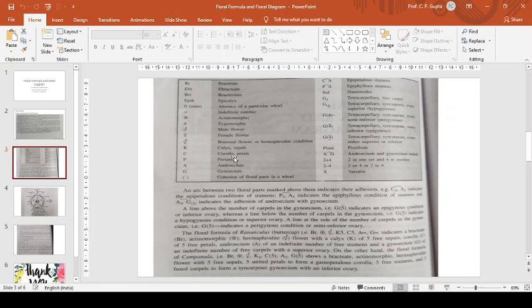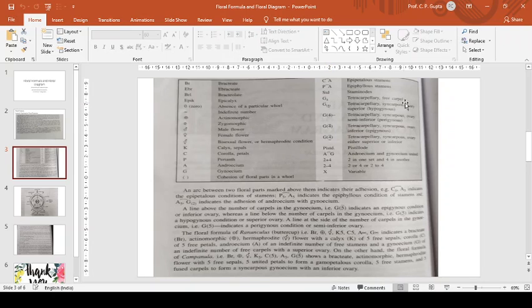K is for calyx, C is for corolla, P is for perianth, A is for androecium, G is for gynoecium, and these are the cohesion of floral parts. Now, when C is connected to A it is epipetalous, P connected to A is epiphyllous, STD means staminodes, means sterile stamens.